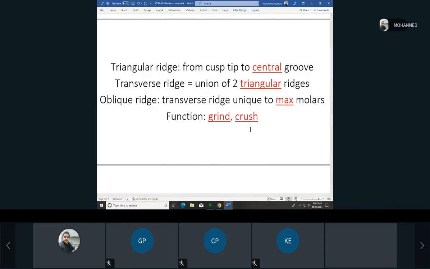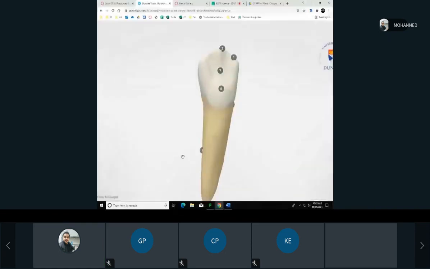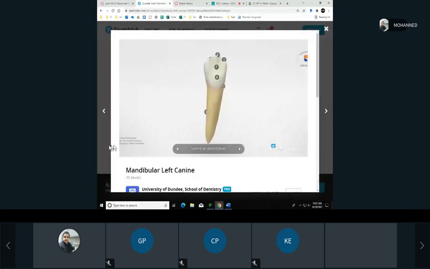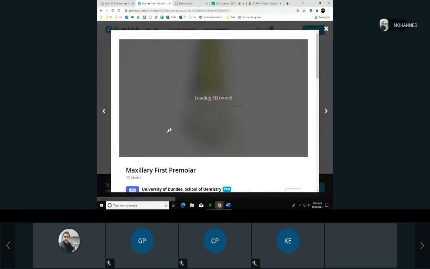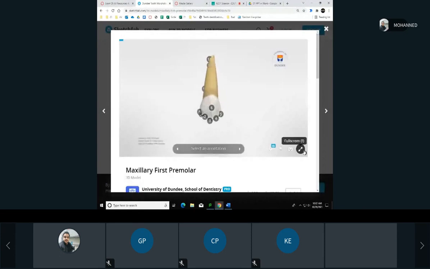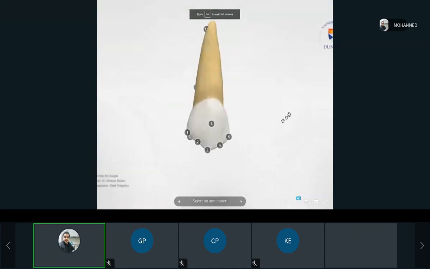Okay, let's take a look at the maxillary first premolar. If you look at it on the labial side, it really resembles the canine, right?